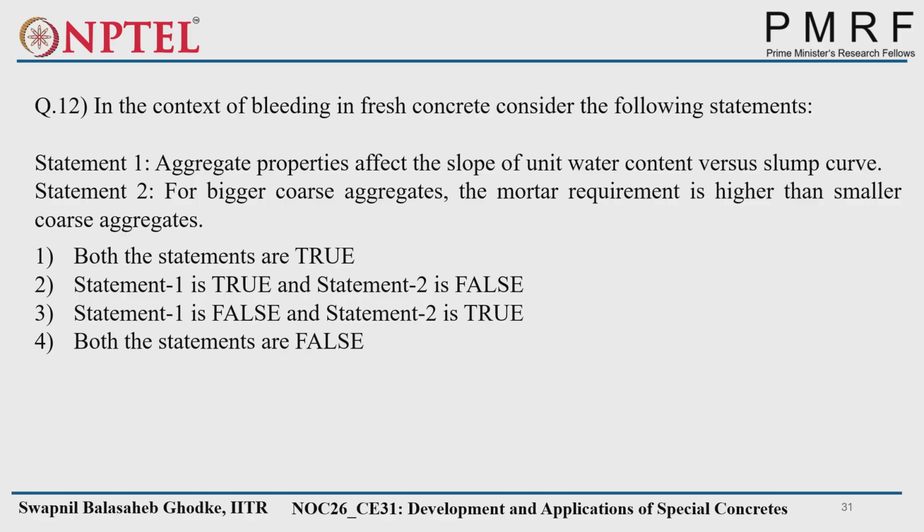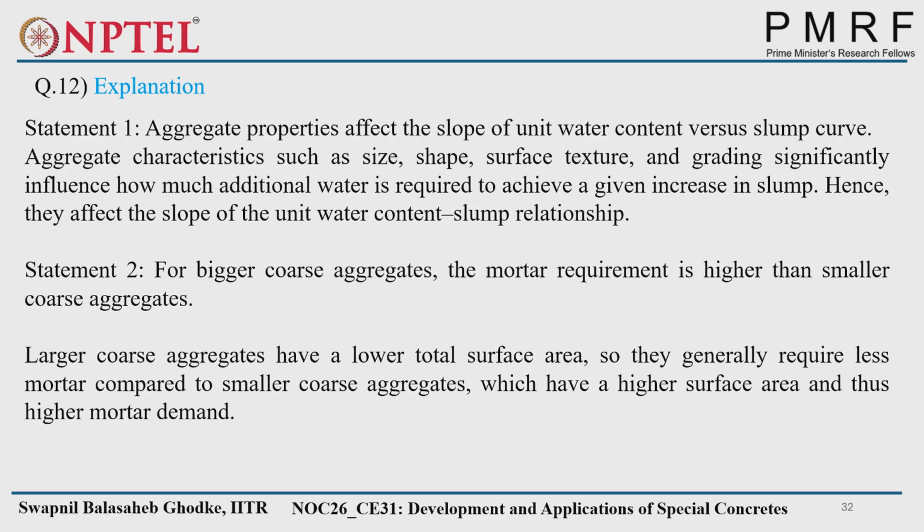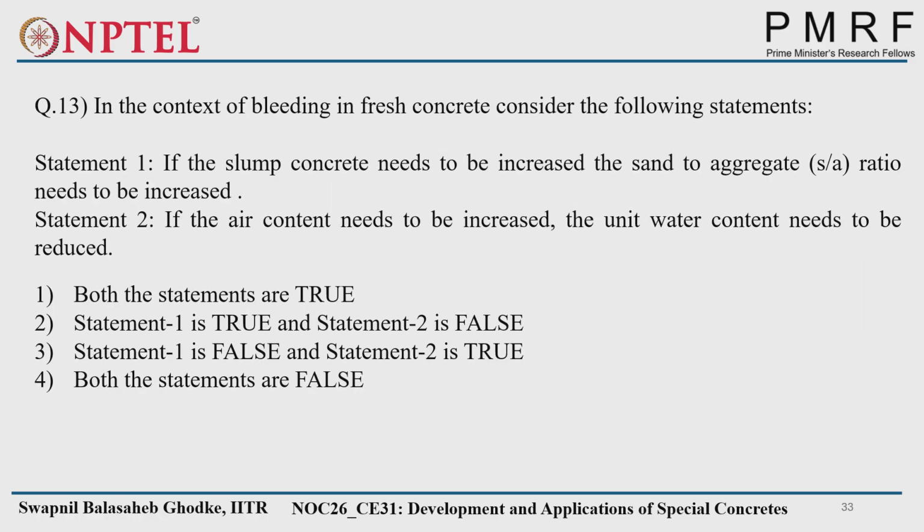That's why I showed three lines. And for bigger coarse aggregates, if the size of the coarse aggregate increases, the specific surface area decreases. That's why mortar requirement is less, not higher. Here it's given opposite. That's why it is wrong.